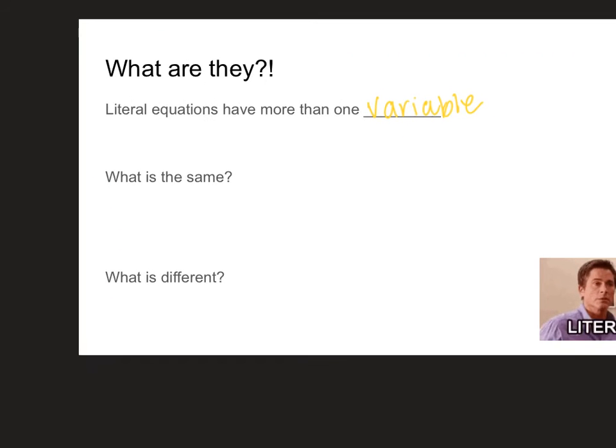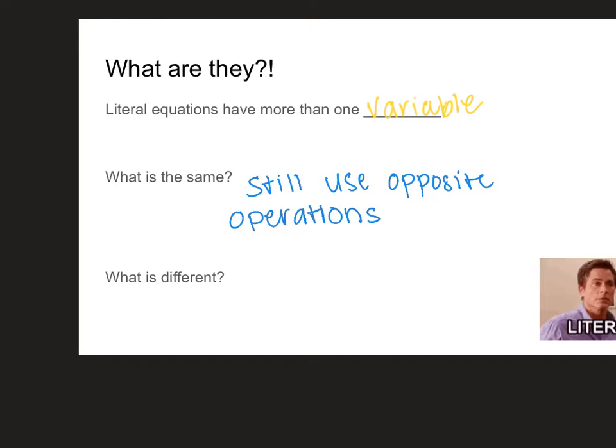So the same, we're still going to use opposite operations to solve. What's different? Literal equations don't simplify as nicely. That's okay.